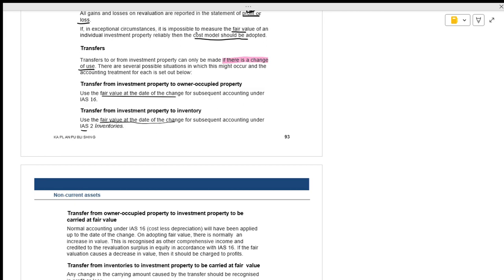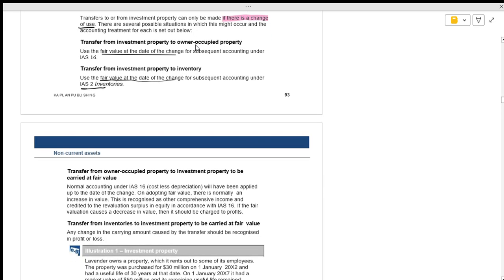If it is changed to inventory, definitely IAS 2 will apply. Transfer from owner-occupied to investment property is nothing but the reversal of this.